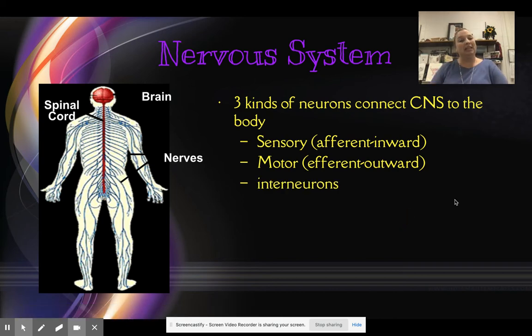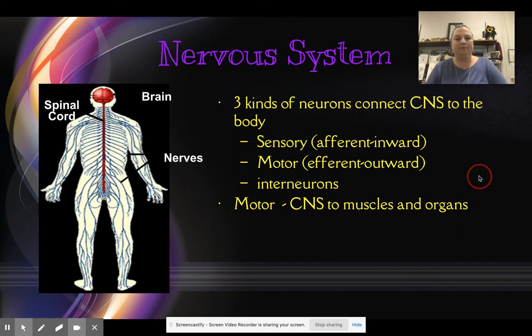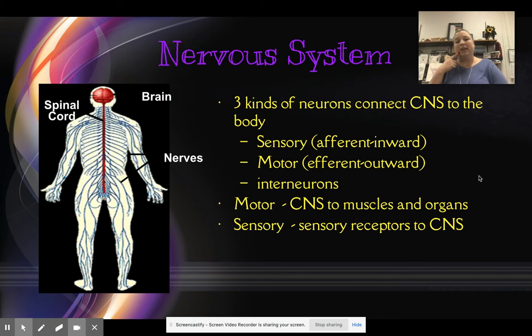And then you have your interneurons that are in between, right? Makes sense, inter. Our motor, basically our central nervous system is going out to our muscles and our organs. And our sensory, of course, are sensory receptors that go in to the CNS.